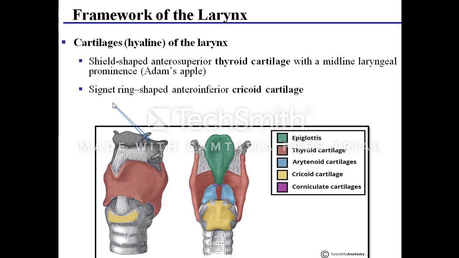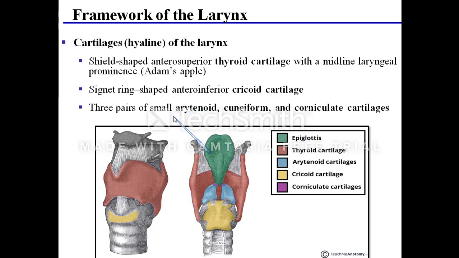The second type is the signet ring shaped cricoid cartilage. It has a signet ring shape and is located towards the front of the body and away from the head, so it is defined by the term anterior-inferior. And then 3 pairs of arytenoid, cuneiform and corniculate cartilages.